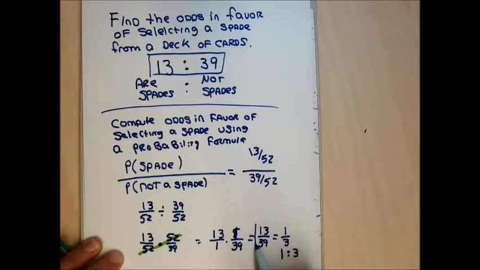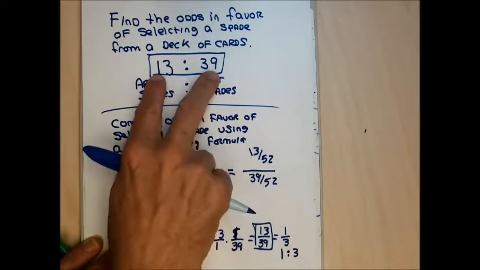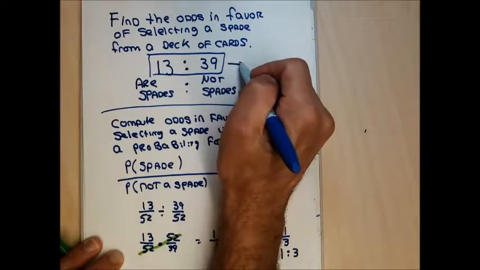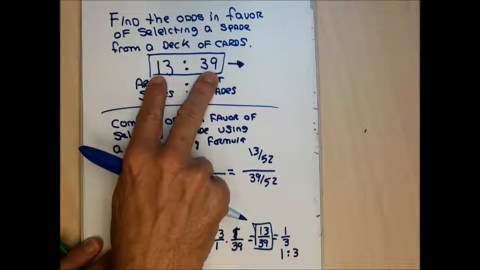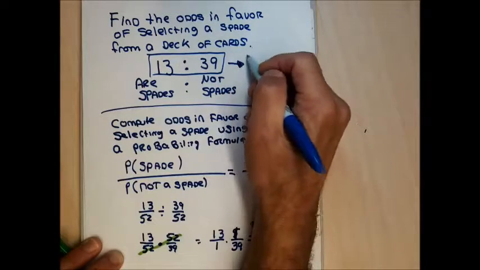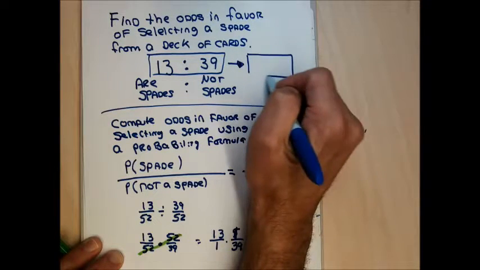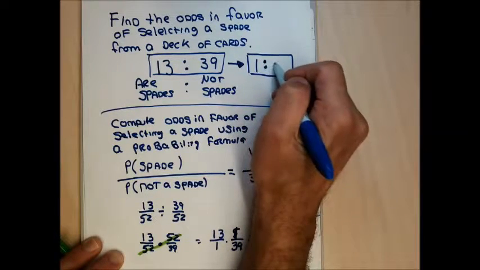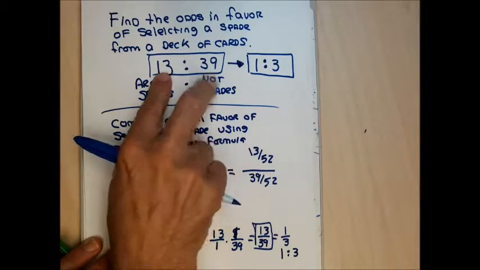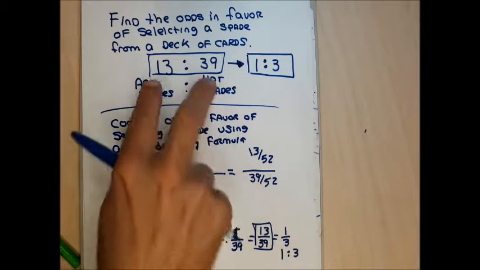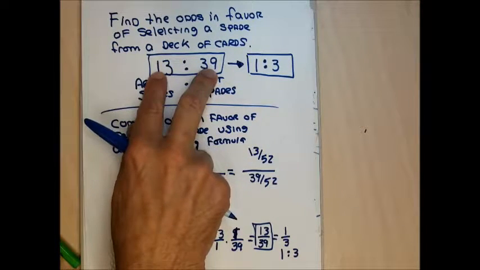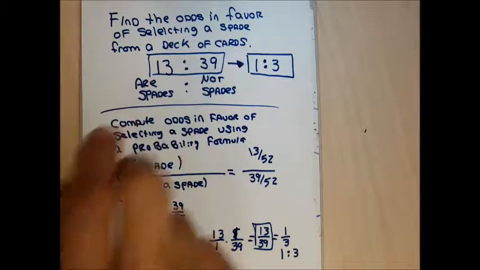So when I reduce the fraction 13 over 39 by dividing by 3, I can reduce this ratio by dividing by 3. And probably a better answer to the question would be 1 to 3. By dividing each of the 13 and the 39 by 3, we'd get 1 to 3. Generally, when we have fractions we reduce, and if we have odds we reduce them just like a fraction.